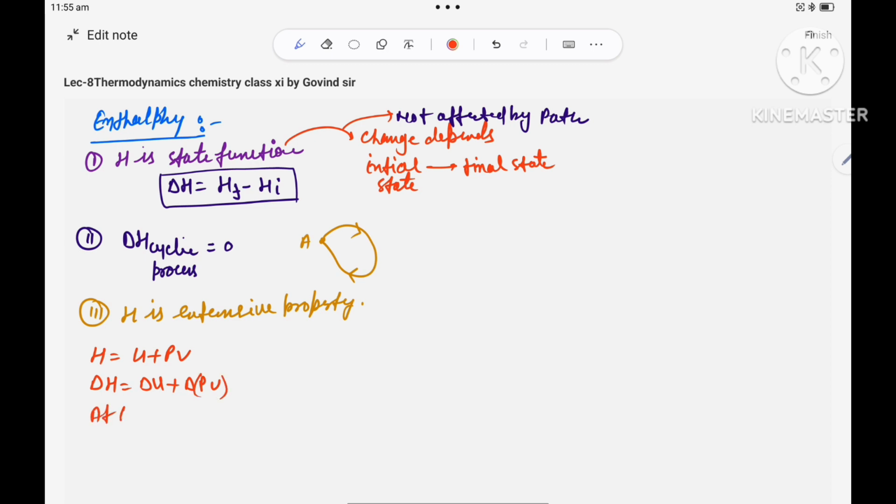At constant pressure, delta H is equal to delta U plus P delta V. So from here we can say one more thing, delta H is equal to delta QP.